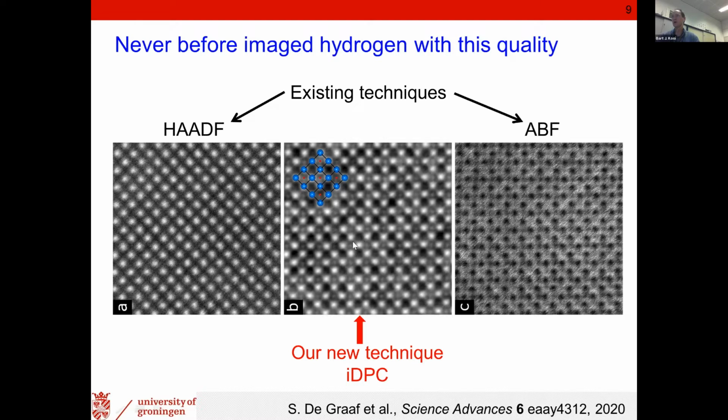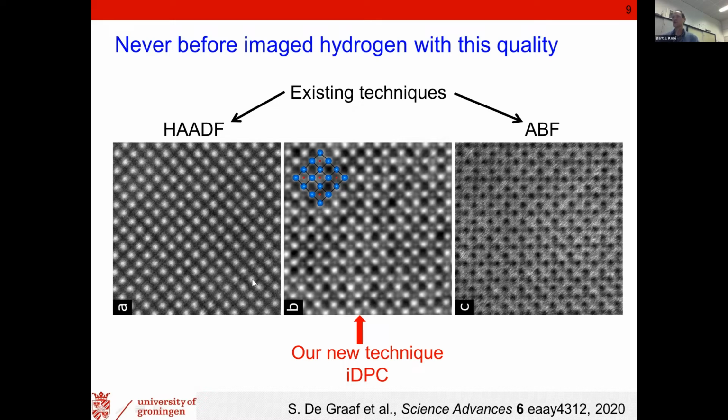And indeed, you see half of the sites tend to be empty, and the other half of the sites of the columns tend to be filled. So this is really showing the power of this integrated differential phase contrast, that you can image this. And this we published, say, 1 year ago, January 2020, in Science Advances.